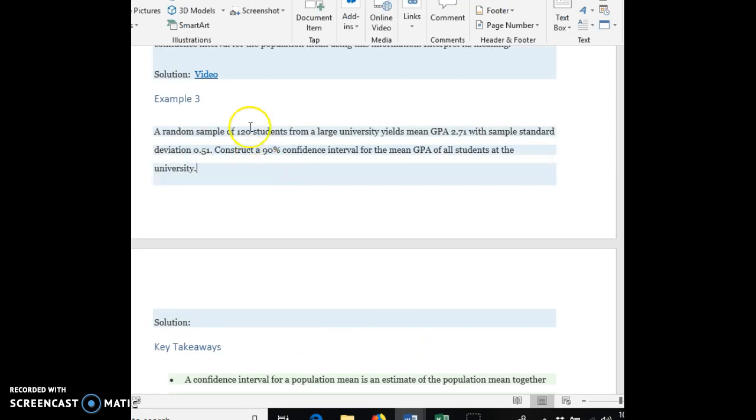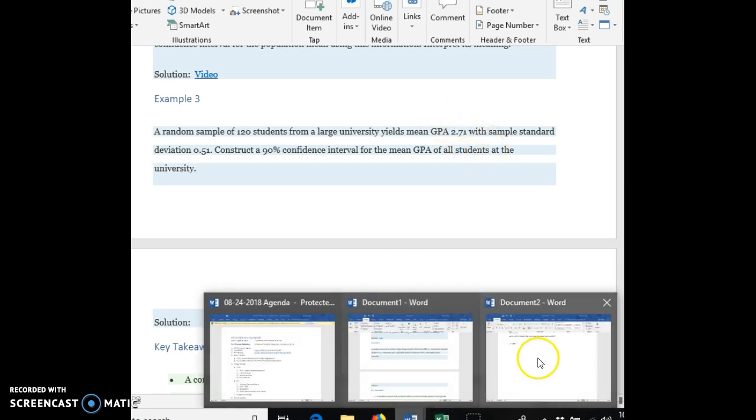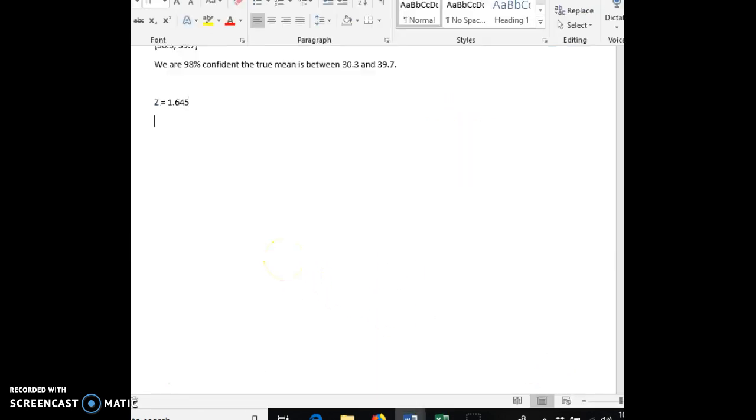We have 120 in our sample. Our mean is 2.71 and our standard deviation is 0.51. So let's recall in our formula first, the sample mean comes first. It's 2.71. So we'll have 2.71 plus and minus our z, 1.645, followed by our standard deviation divided by the square root of the sample size.